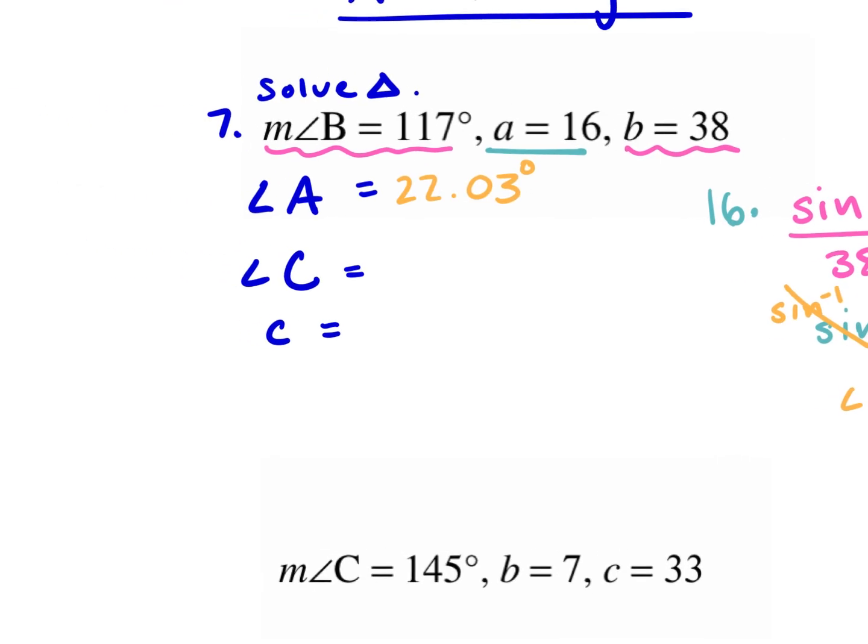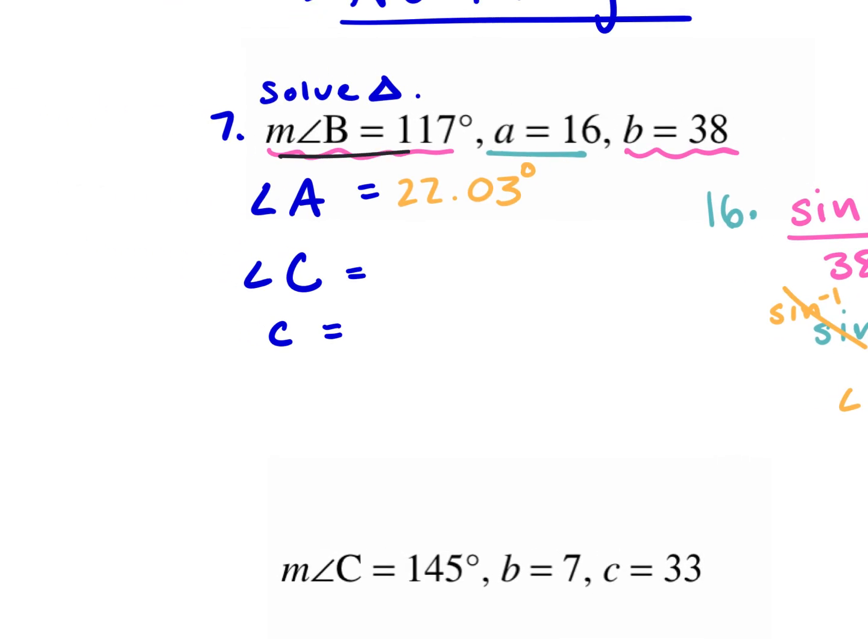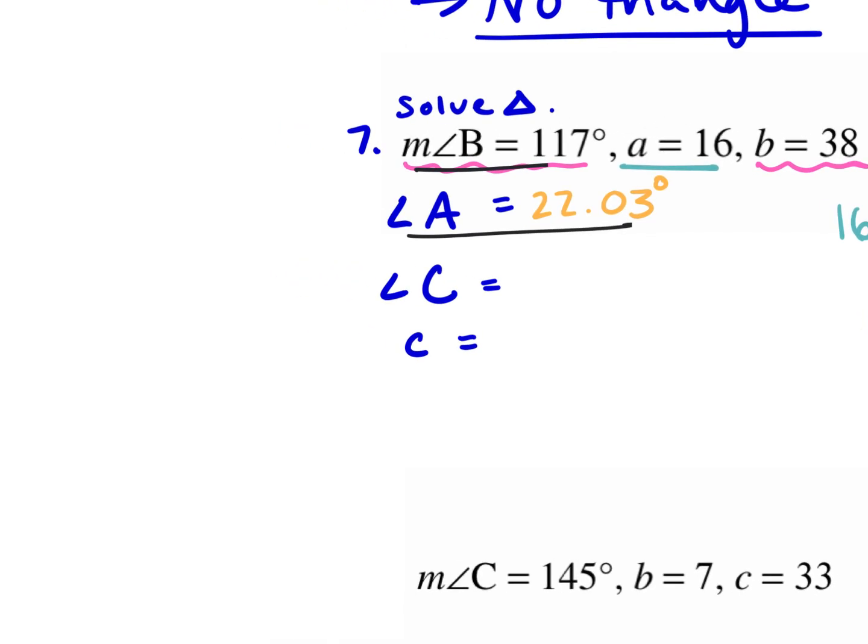Now, if I have 2 angles, how can I find the third? Add them up and subtract from 180, or do 180 minus 117 minus 22.03. So just put it in your calculator. 180 minus 117 minus 22.03.